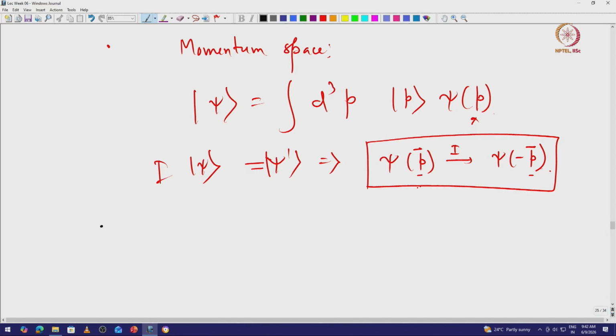Okay. So I want inversion acting on some state, and let us do it for momentum, and then it will be the same in the position space. So the state is expanded in this basis, which gives a resolution operator in the momentum space, right. So the identity is what we have inserted.